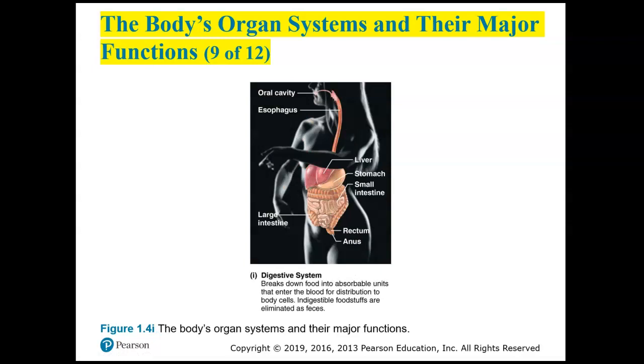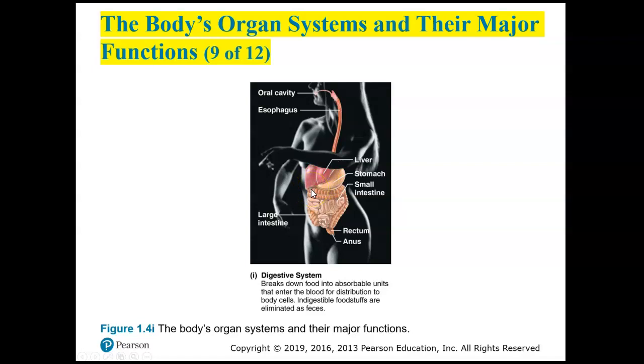The digestive system, we have already covered it, but the digestive tract or GI tract begins with the oral cavity. Food travels through the pharynx or the throat into the esophagus, and then the stomach, small intestine, large intestine, rectum, and anus. And then there are accessory organs of digestion, the liver, the gallbladder, this small little green structure here.